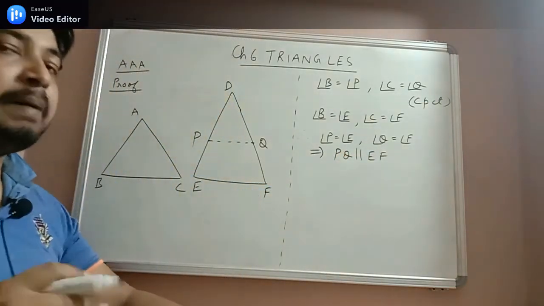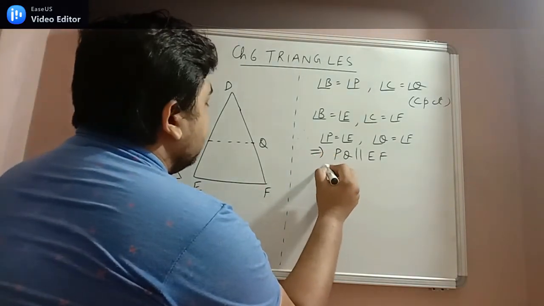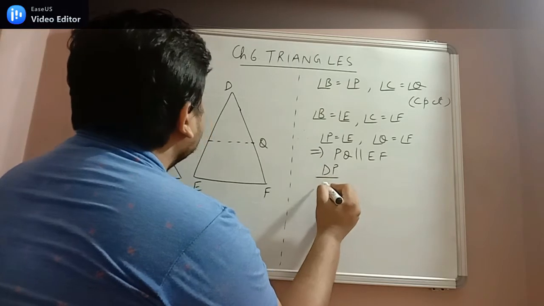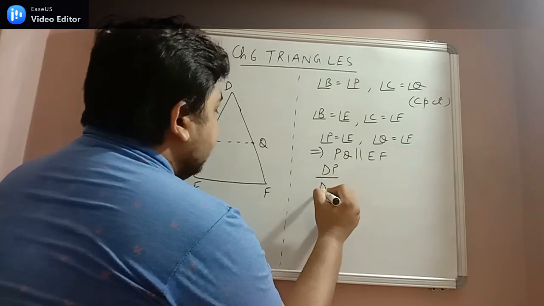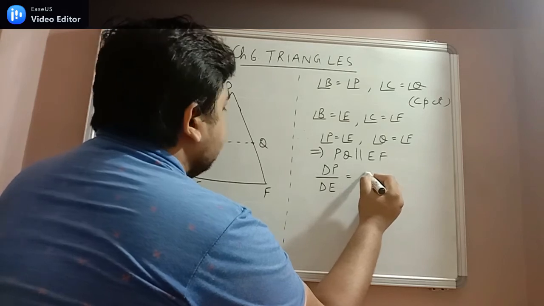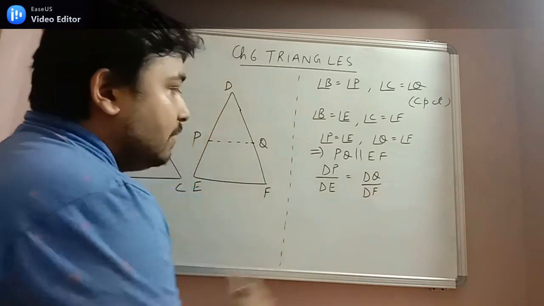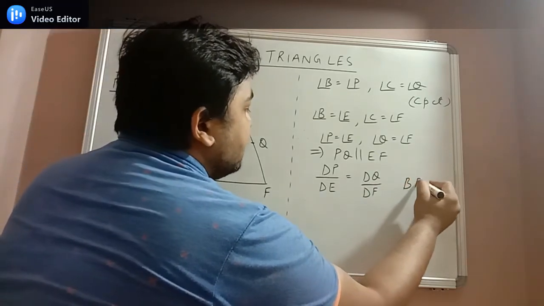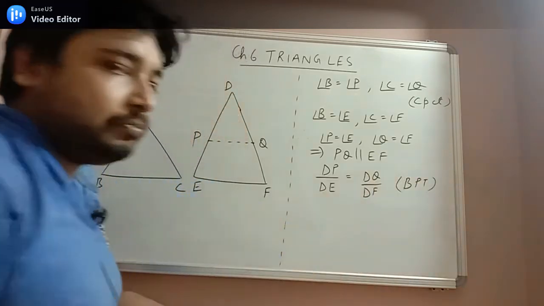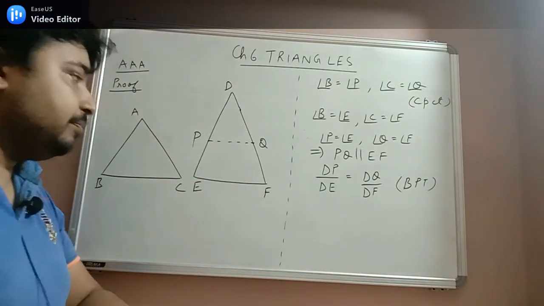Now, if PQ is parallel to EF, then by the basic proportionality theorem, one can say that DP upon DE is equal to DQ upon DF, by BPT. I hope this much is clear to everyone.